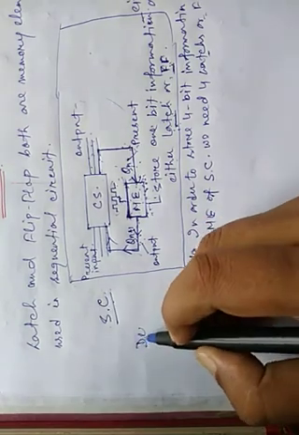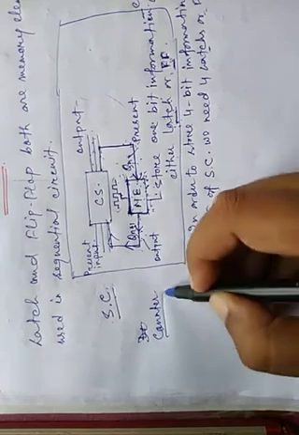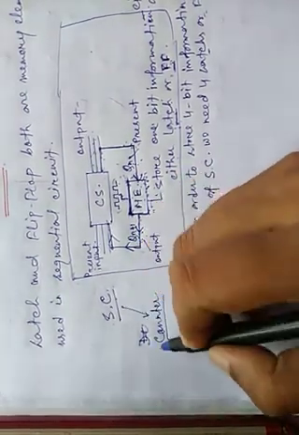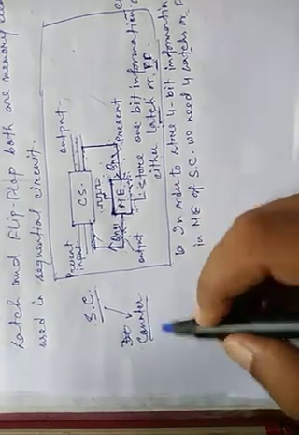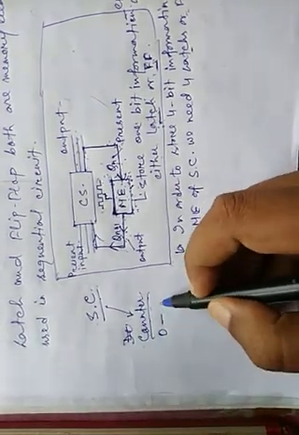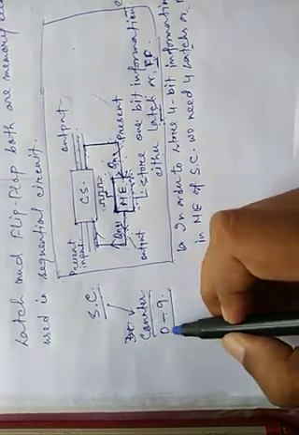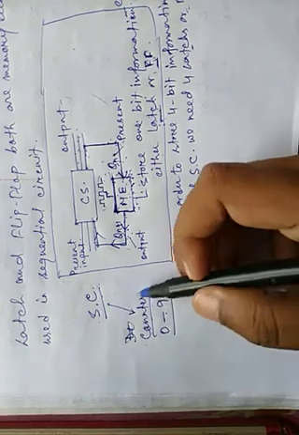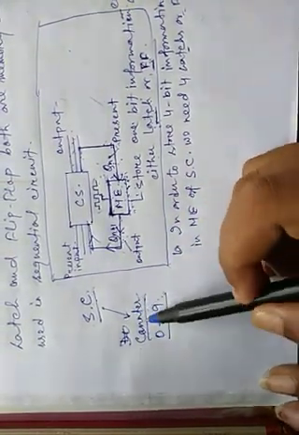A counter is a sequential circuit. We will learn how to build a counter later. Just keep in mind that the counter is a circuit used to count from 0 to 9.